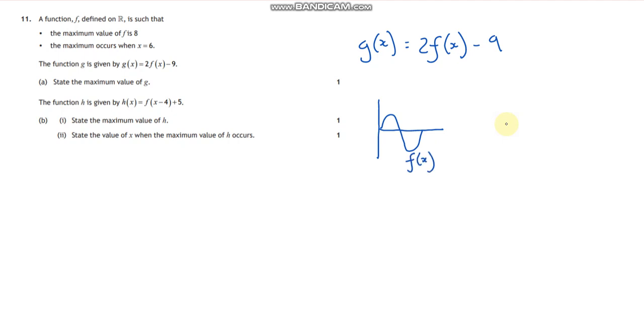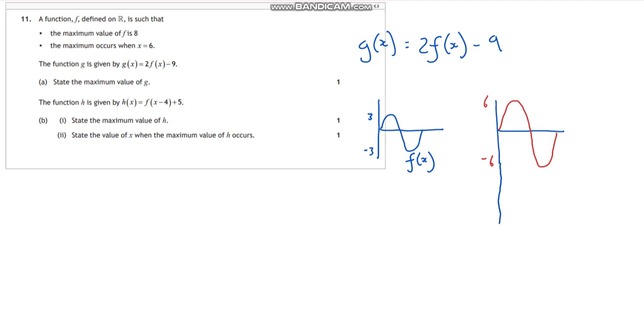My g of x is going to be double that. So say that was 3 and negative 3, just to make the numbers something. If I double that, it's going to go up and down to 6 and negative 6, but it also has a 9 taken away from it.